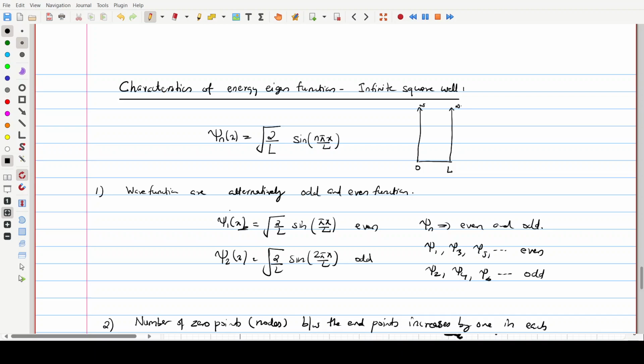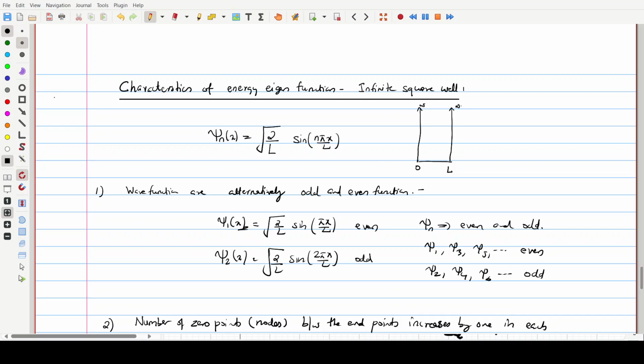If psi1 is an even function, then psi2 is odd, and vice versa. On increasing the value of n, the odd function changes to even function, and even function changes to odd function. Remember, this is not only applicable for the infinite square well, it is applicable for all systems with a symmetric potential. That is the one point we have to highlight.